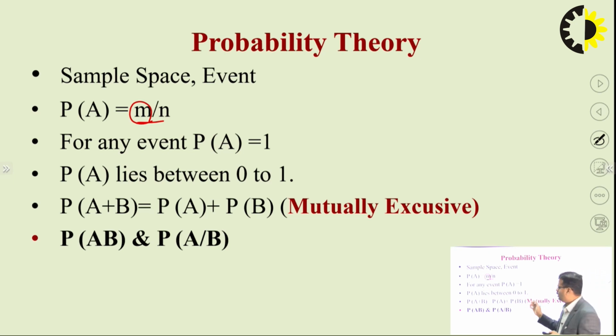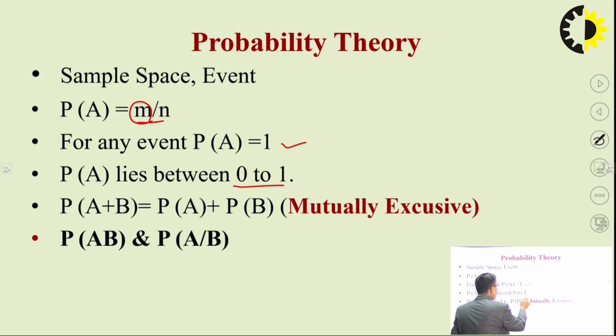So simply I am writing here some points on probability, because probability is a very big chapter for discussion. For any event A, we know P of A lies between 0 and 1. Always your probability is from 0 to 1. If two events A and B are mutually exclusive, then P(A+B) is equal to P(A) plus P(B).